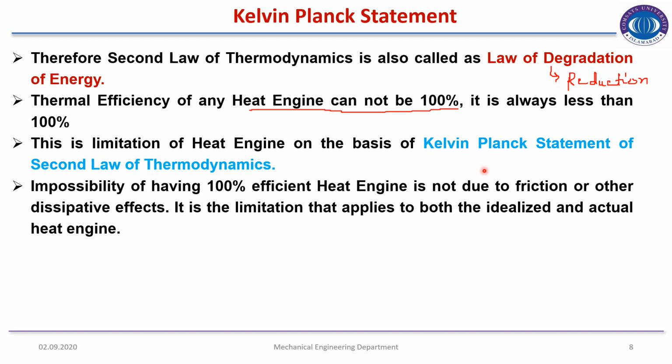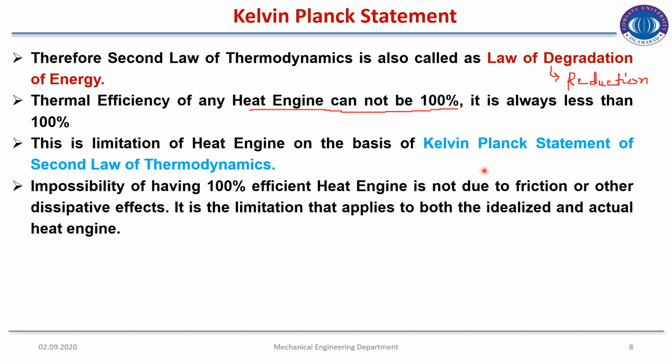So friction usually reduces the efficiency, but here it is suggested that the efficiency of a heat engine will always be less than 100%, as suggested by the Kelvin Planck statement. Therefore this limitation is not because of friction or any other dissipative effect.